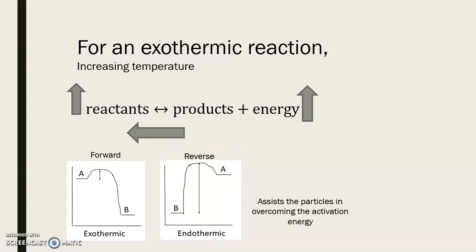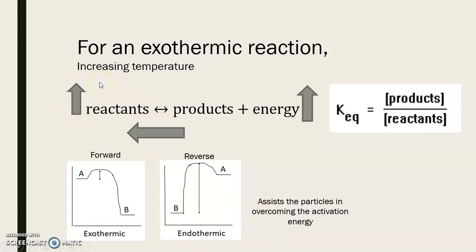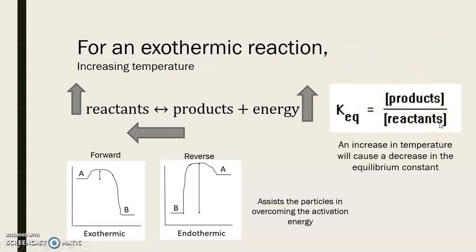Therefore, the reaction is going to favour the reverse reaction, shift to the left, and increase the amount of reactants. In terms of the equilibrium constant, we can see the equation is products over reactants. Therefore, an increase in reactants is going to increase the denominator and therefore decrease the equilibrium constant.